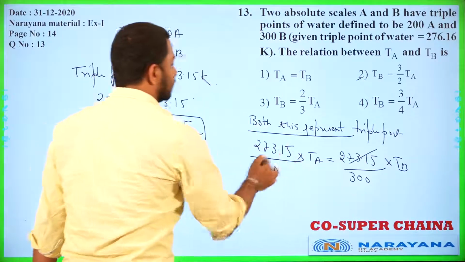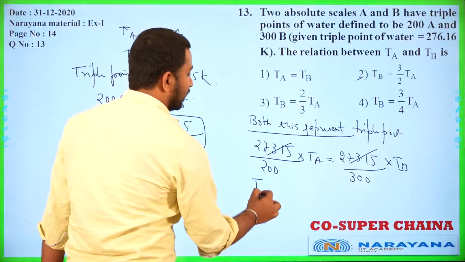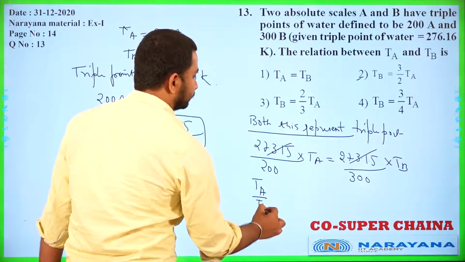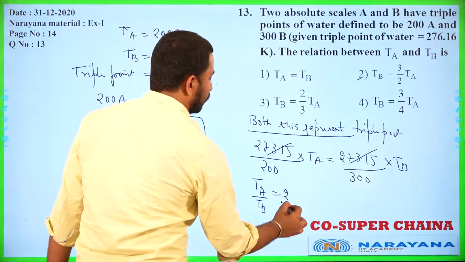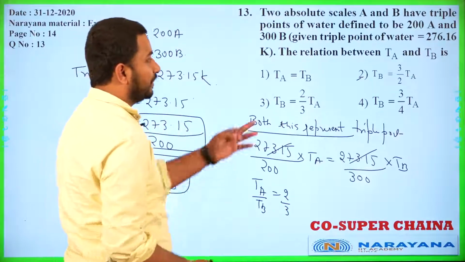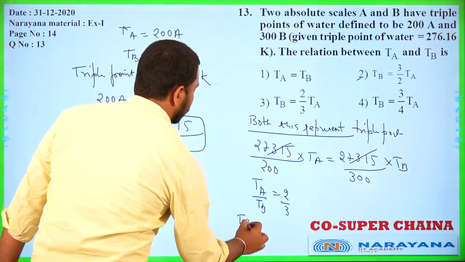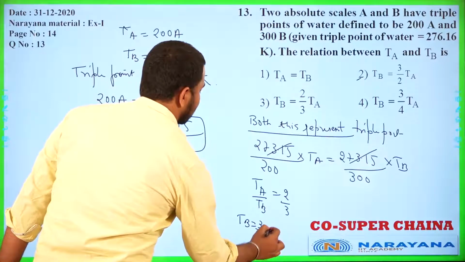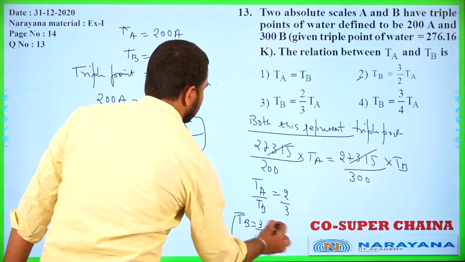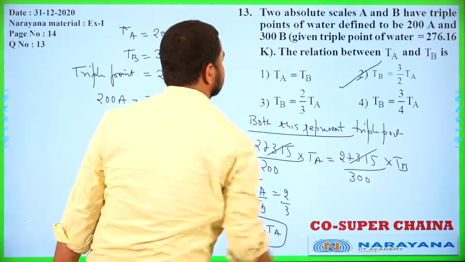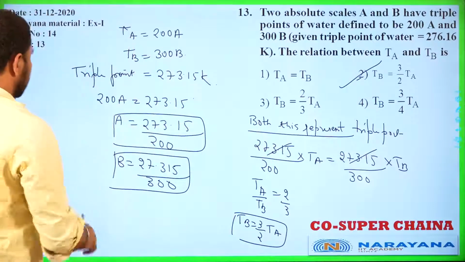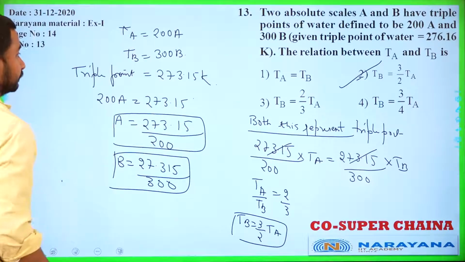Now if you cancel this and this, what are we getting? TA by TB will be 2 by 3. From here we will get TB is equal to 3 by 2 TA, and that will be the answer of this question. Right? Next, move to the next question.